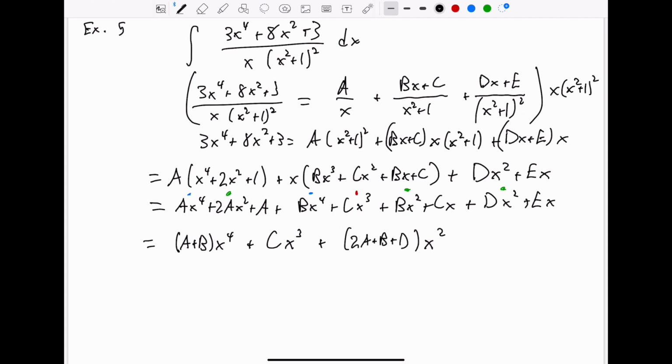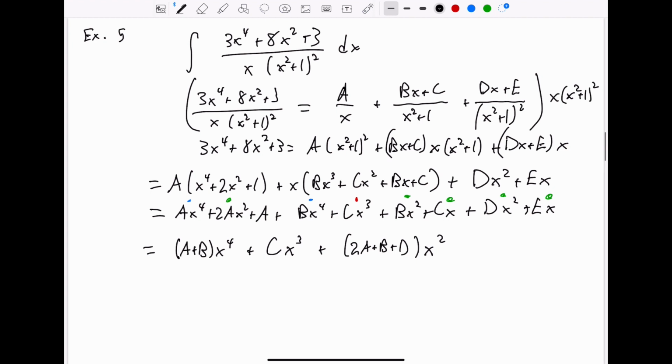Now I look for multiples of just x. For multiples of x, I have Cx and Ex. So C plus E times x. Finally, I look for any constants. There's only one constant, which is the A. So I write that at the very end.